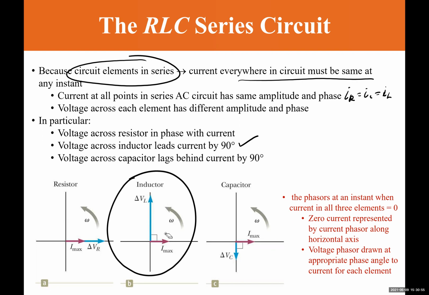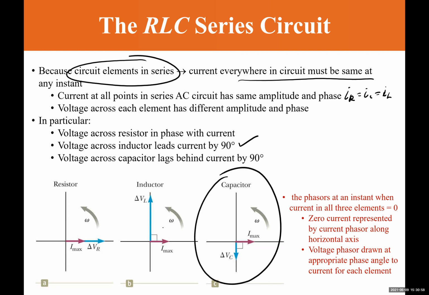And then if we go to the capacitor, it's the other way around. The voltage lags by 90 degrees, or the current is ahead by 90 degrees. So this will be the voltage. Remember, these phasors are vectors. For the voltage, we have three different vectors: delta VR is in the positive x direction, delta VL is in the positive y direction, delta VC is in the negative y direction, and the size of those vectors gives you information about the magnitude.